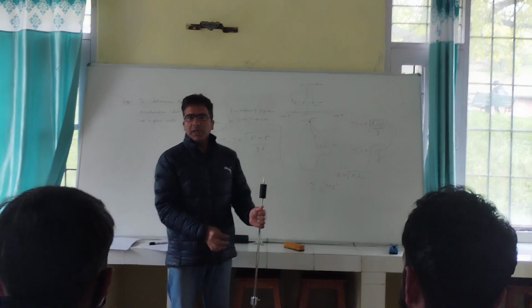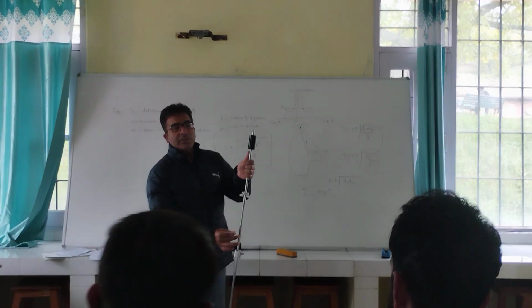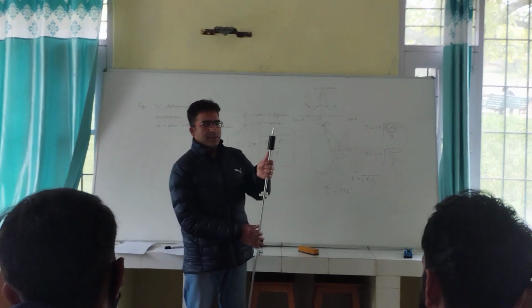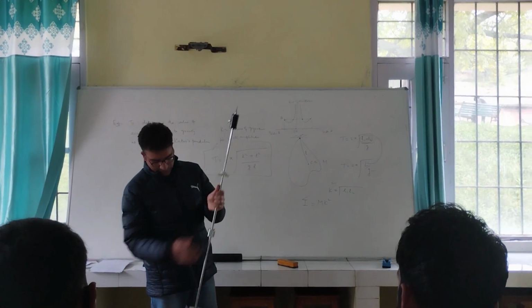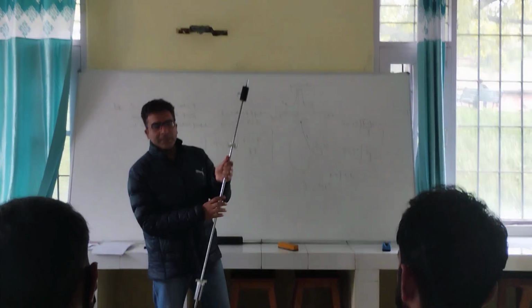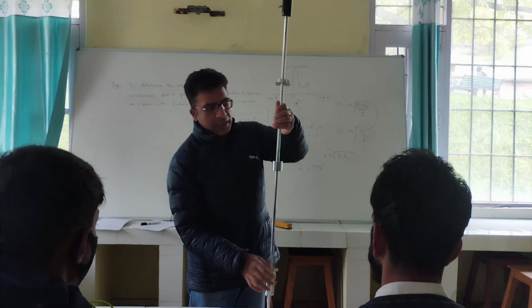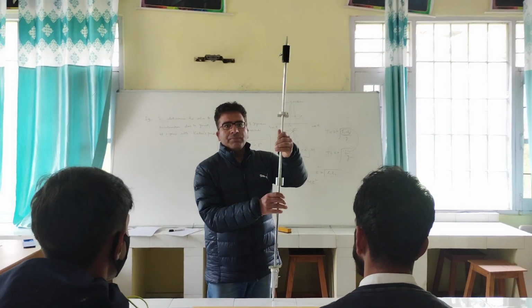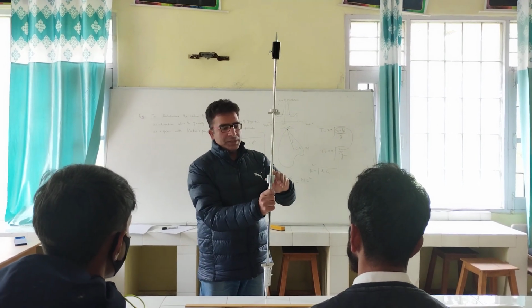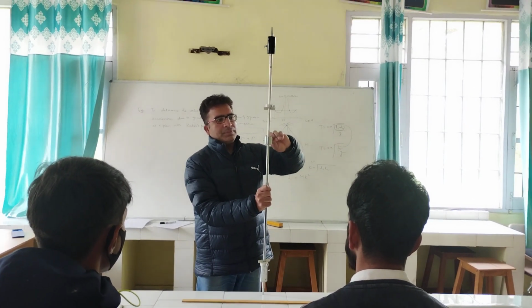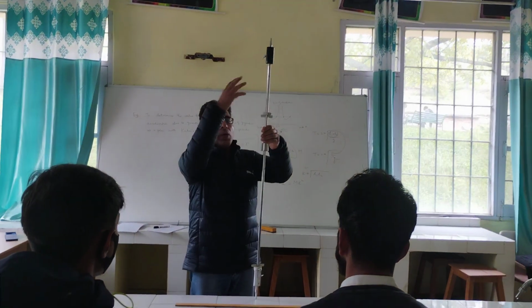It has uniform mass distribution. So its geometric center will be the center of mass and center of gravity. Now when I add these masses to it, this weight, this weight, this weight, depending on the location of these attached masses, the center of mass will move. By moving this mass, I am changing the location of the center of gravity or center of mass of the whole arrangement.